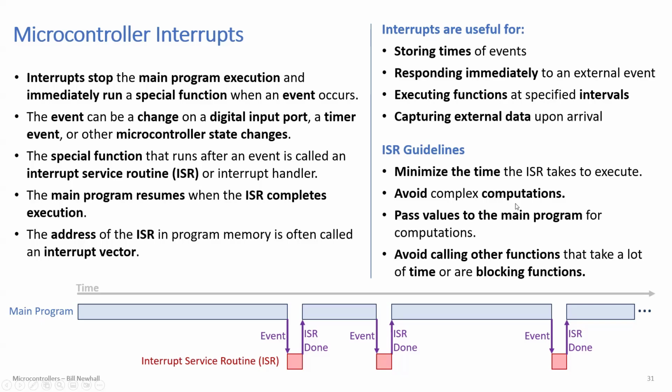When I first learned about interrupts, they were kind of scary because your program is no longer linear. It's not just going through and maybe branching and making decisions and running in a loop, but based on something that happens in the external environment, your program's execution gets interrupted, and that's why it's an interrupt.